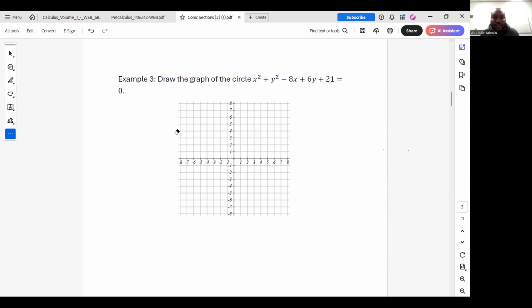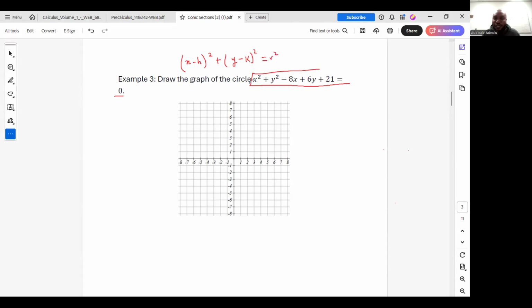All right, draw the graph of the circle. Now, in this case, you would see that this equation is actually not in the standard form. By standard form, I mean this form: (x minus h) all squared plus (y minus k) all squared equals r squared.